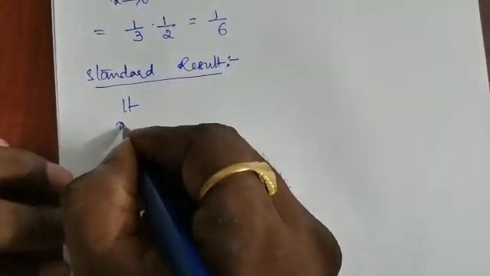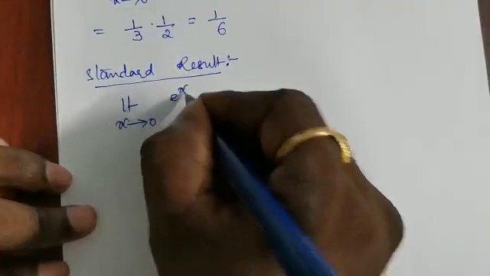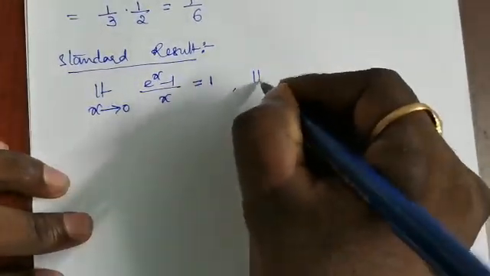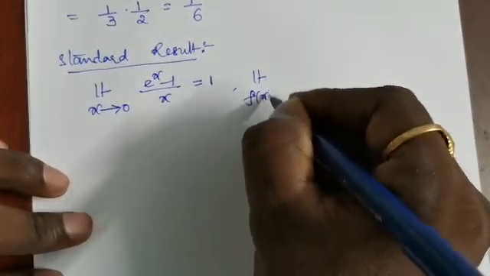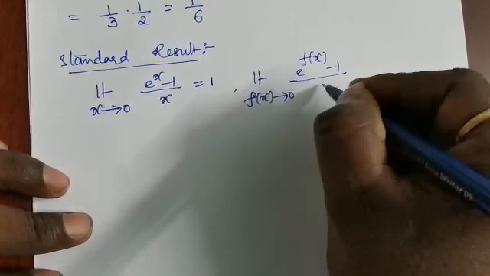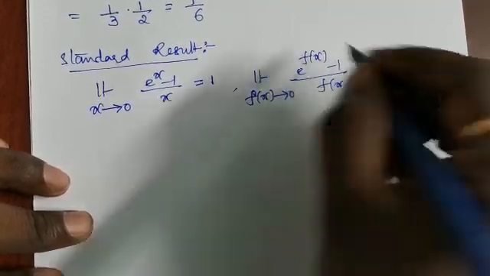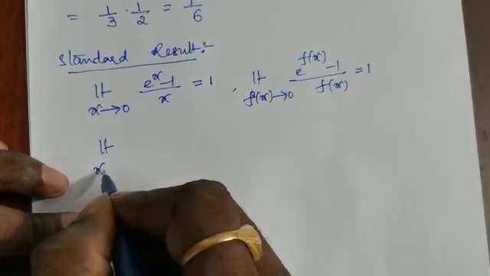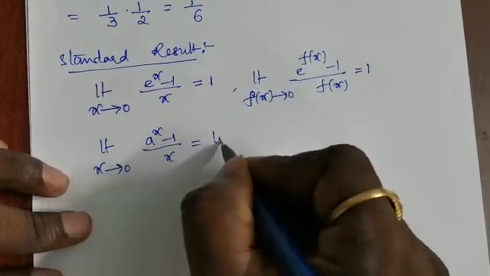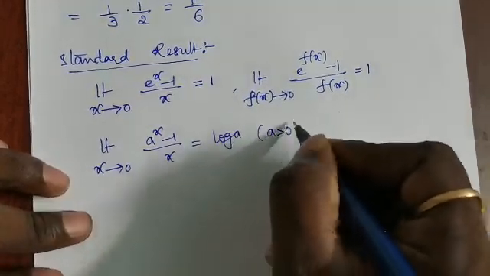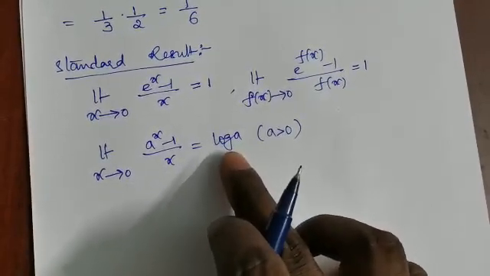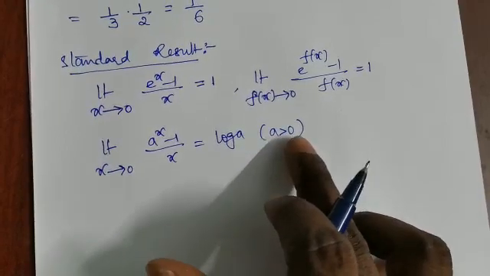The first one is limit x tends to 0, e power x minus 1 by x, which is equal to 1, or limit f of x tends to 0, e power f of x minus 1 by f of x is equal to 1, and one more, limit x tends to 0, a power x minus 1 by x equal to log a, where a is greater than 0 here. Why? Because the domain of log is the open interval 0 to infinity. That's why we are taking a greater than 0.